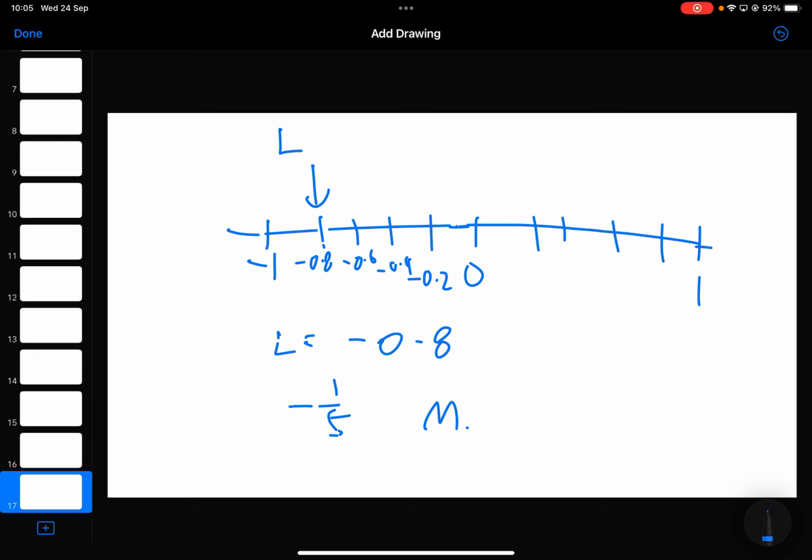It is easier to see in decimal. So you change your negative 1 over 5 to decimal, and it will become negative 0.2. Now that you know it is negative 0.2, go to negative 0.2 and draw an arrow. Then say that this point is M.